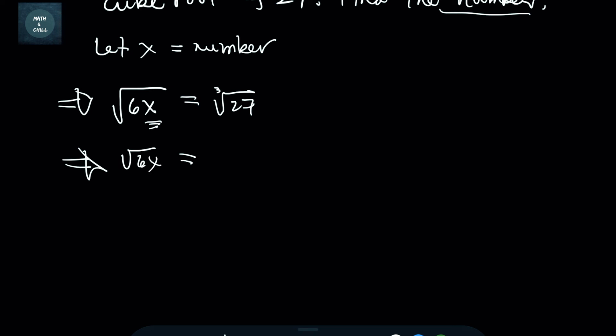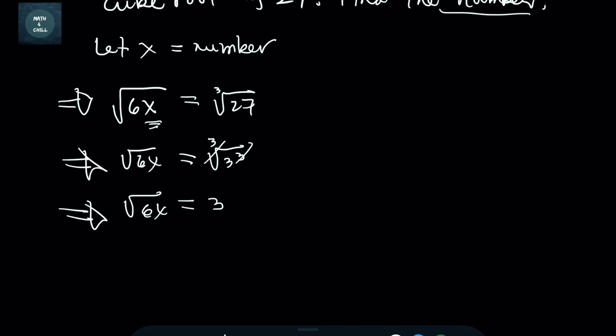Simplify this, 27, the cube root of 27. This is just equal to 3 raised to 3, right? 3 raised to 3 is 27. 3 times 3, 9 times 3, 27. Therefore, ma-cancel na siya. Cancel. What is left is the square root of 6x is equal to 3.